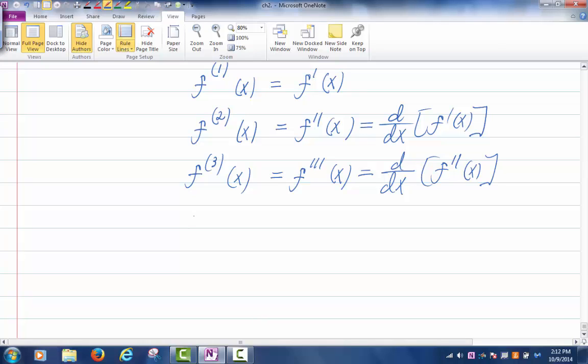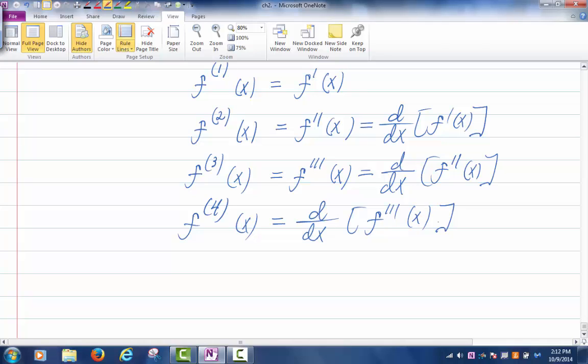And usually then, if I have f to the 4 of x, triple prime, and then are you going to use 4 primes like that? No, we don't use that anymore. So we just say f to the 4 of x, that's the fourth derivative, and that's the derivative of the third order derivative.